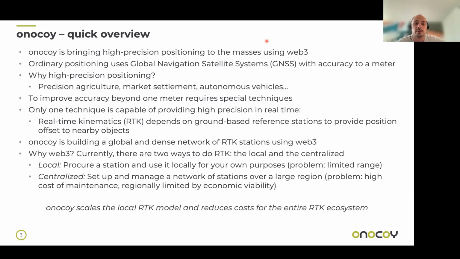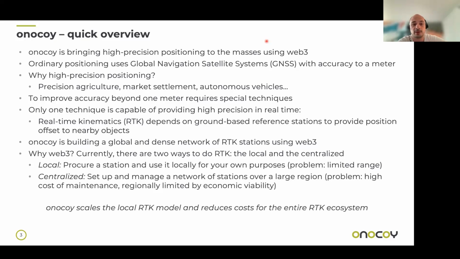But to improve accuracy beyond 1 meter requires special techniques, and to do it in real time requires this thing called RTK. RTK depends on ground-based reference stations to provide position offsets to whoever is nearby. If you're near a reference station and the station knows its position pretty well, then you probably know your position, and we can determine it pretty well as well.